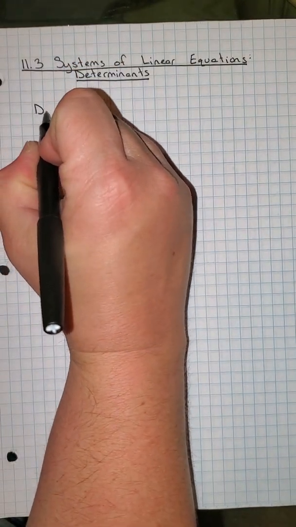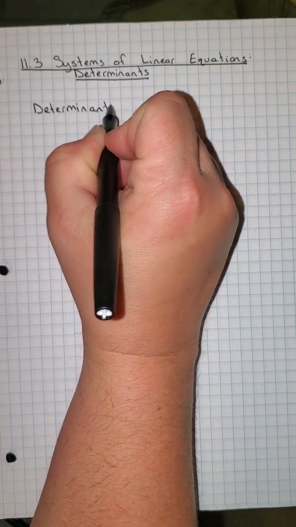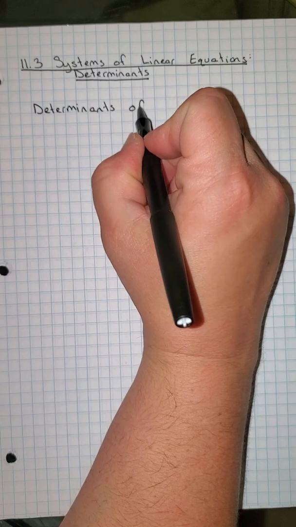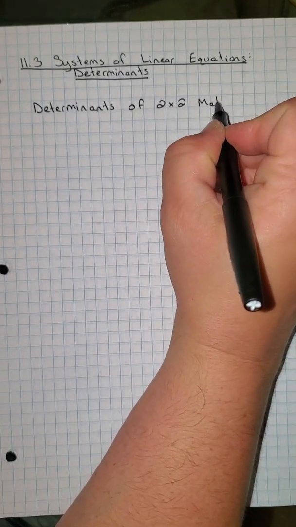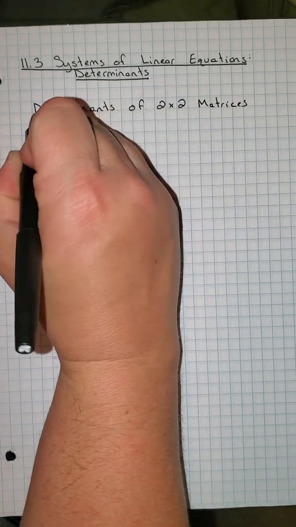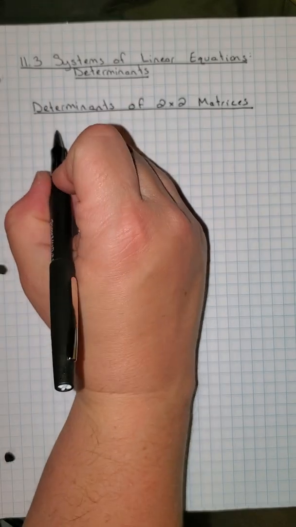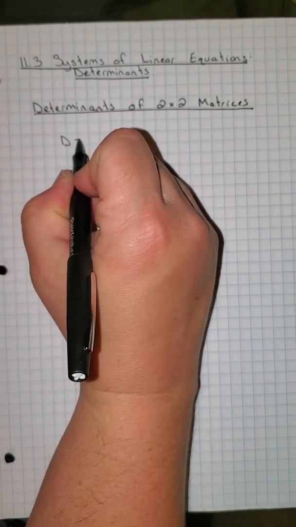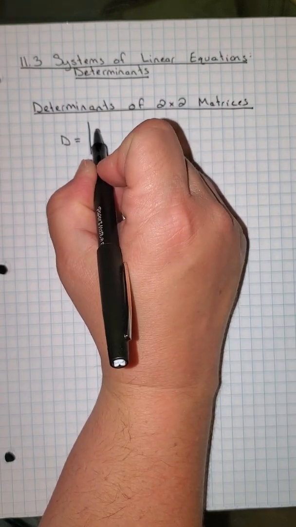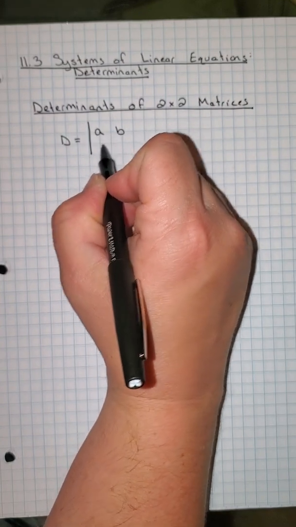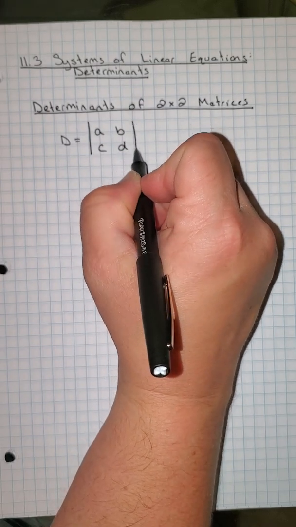So, determinants of 2 by 2 matrices. It's generally represented with a capital D. If we had a matrix and the letters went like this, A, B, and then C, D, in a regular matrix those would be numbers.